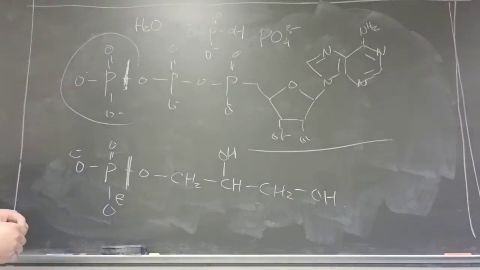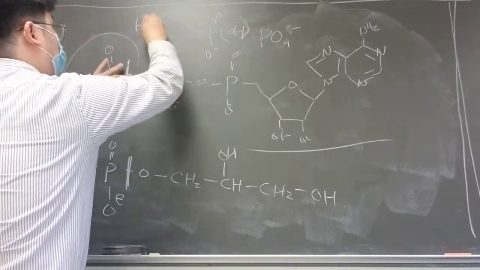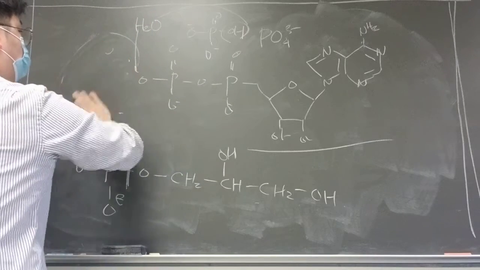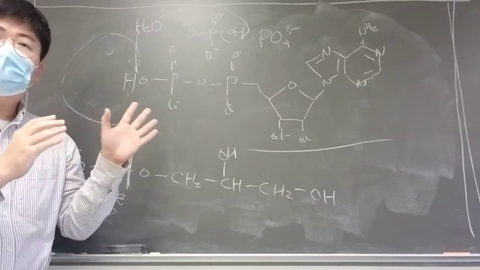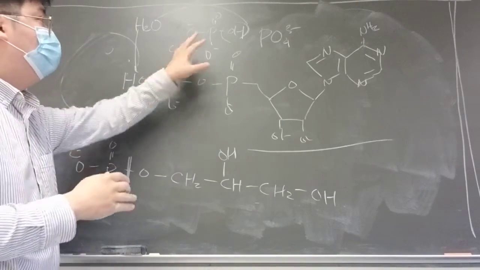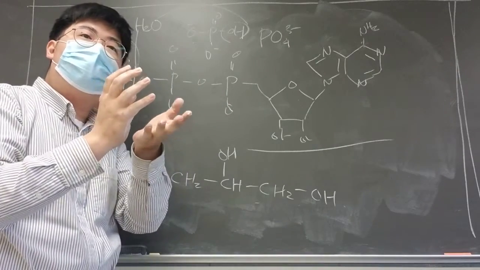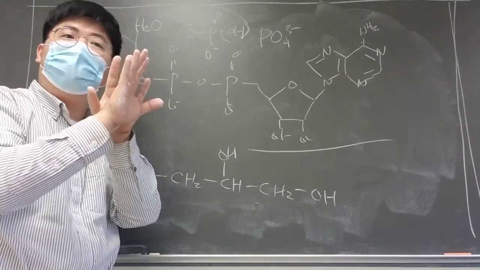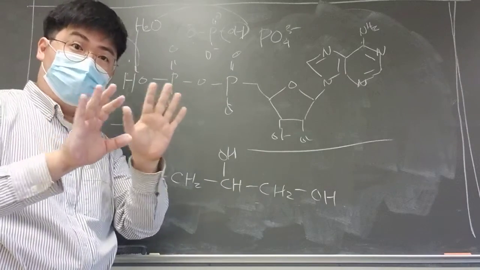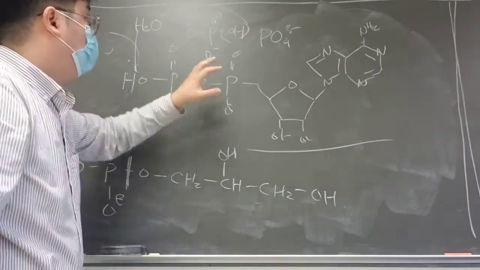They break apart, this goes here, and one H will come here. This is much easier because it can be in a resonance structure. Resonance structure means they're taking on a more stabilized form, so they can nicely distribute the electric potential among these electronegative atoms, which are the oxygens.